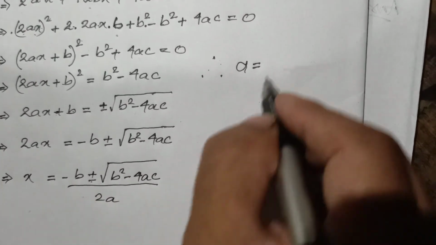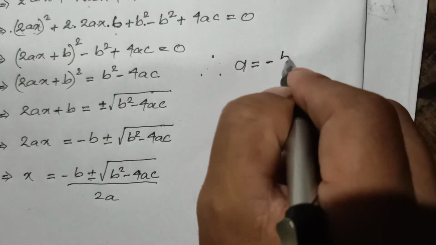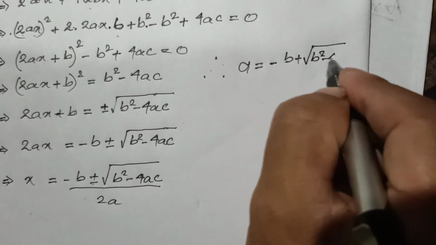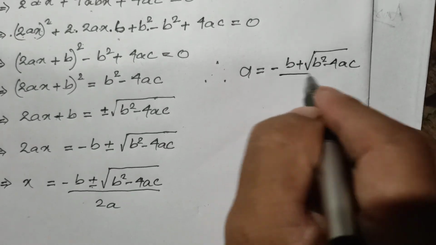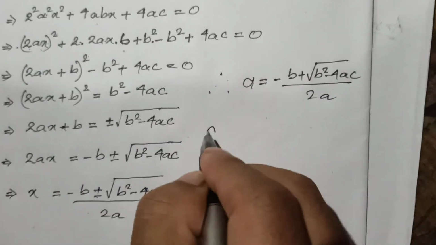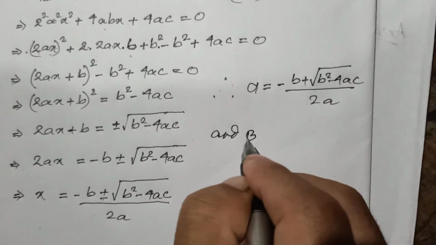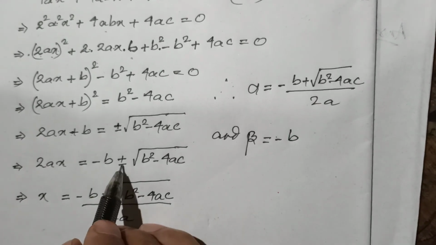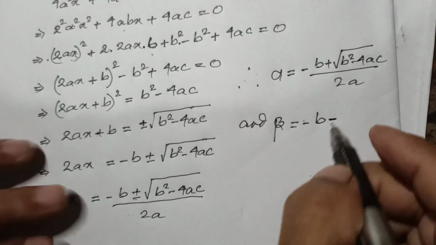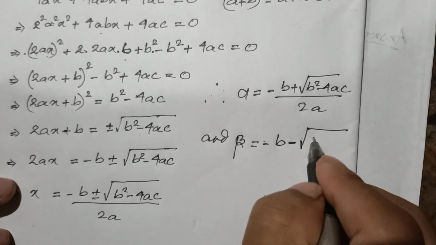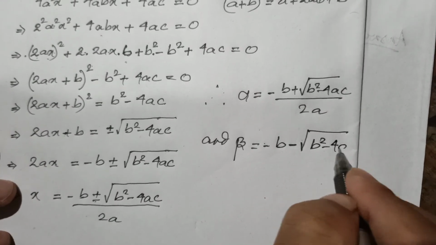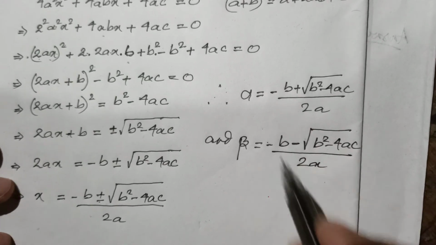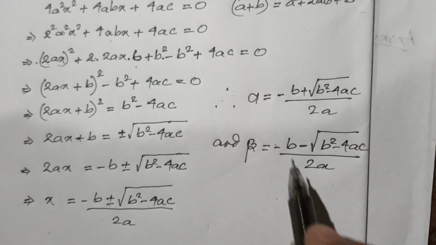So alpha will be minus b plus root over b squared minus 4ac divided by 2a, and for the second root beta, since we already took plus, we are going to take minus: minus b minus root over b squared minus 4ac divided by 2a. So these are the two roots of the quadratic equation, alpha and beta.